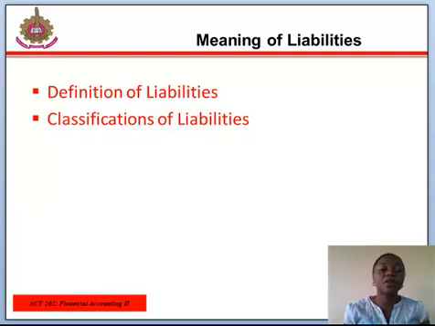Now, classifications of liabilities. The liability is being classified in order of appearance on the balance sheet. We have the current liabilities and we have the long-term liabilities.